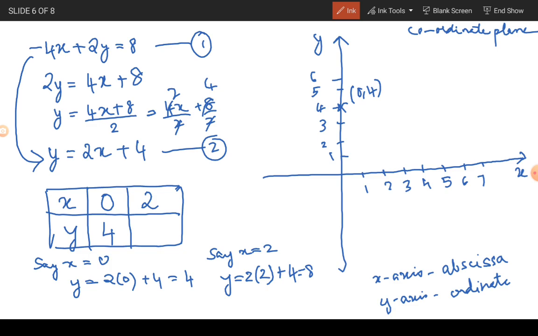So when the x value is 2, the y ordinate is 8. 1, 2, 3, 4, 5, 6, 7 and this is 8. Now I know that when the x value is 2, my y value is 8.